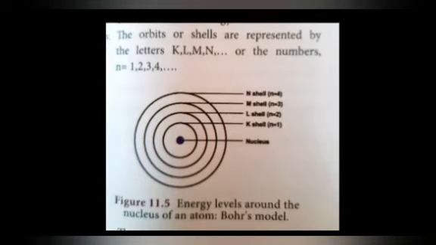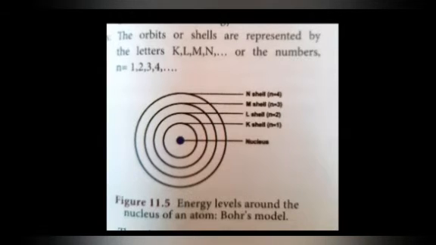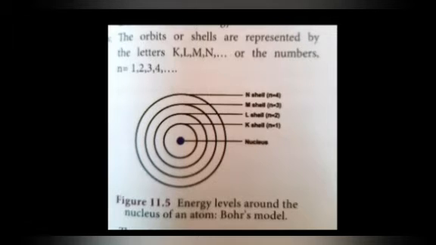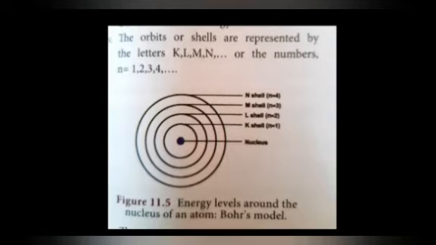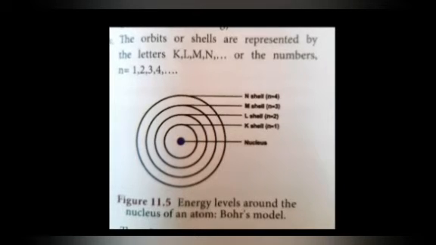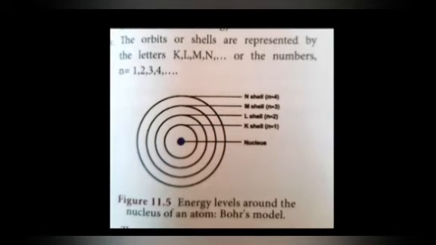Here Bohr explained K, L, M, N. The first circular orbit, closest to the nucleus, is the K shell, with the least amount of energy. Next is L, next M, next N. As the level increases, the amount of energy increases like this. That way he explained n = 1, 2, 3, 4.